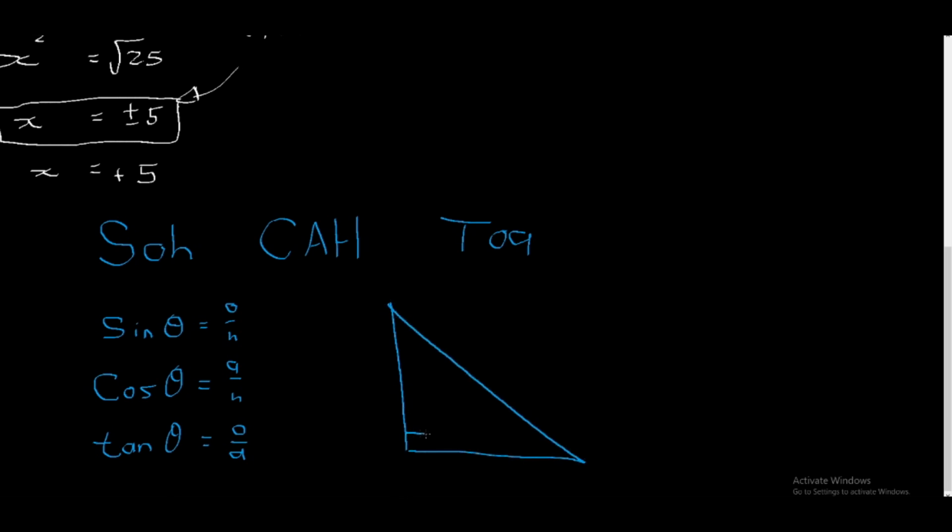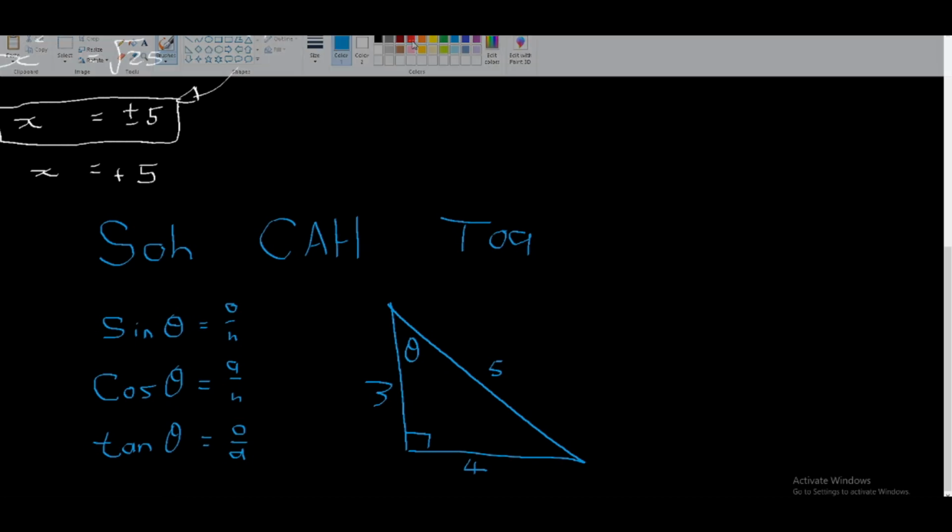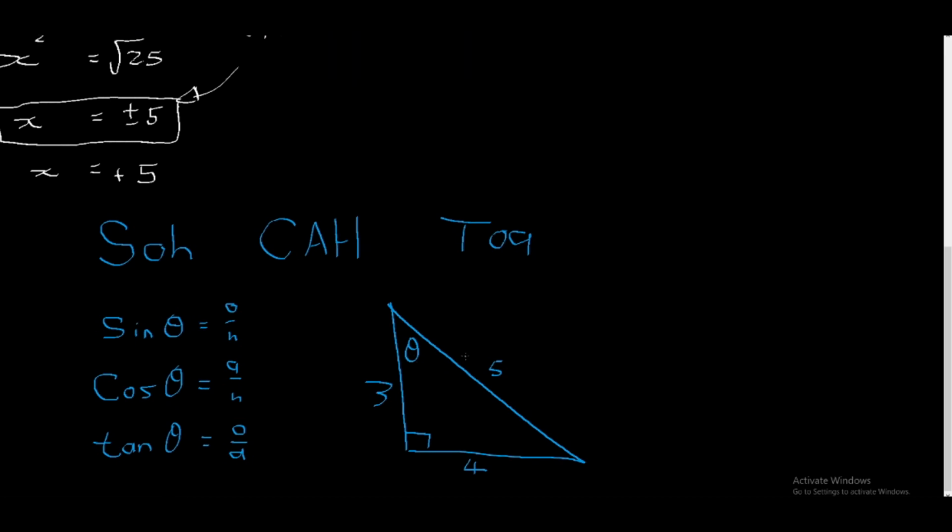Let's say we have special triangle 3, 4, 5. Okay, let's put theta over there. Now, I'm going to identify my positions first. If you want to make this extremely easy, you can simply label your values, right? So let's see.